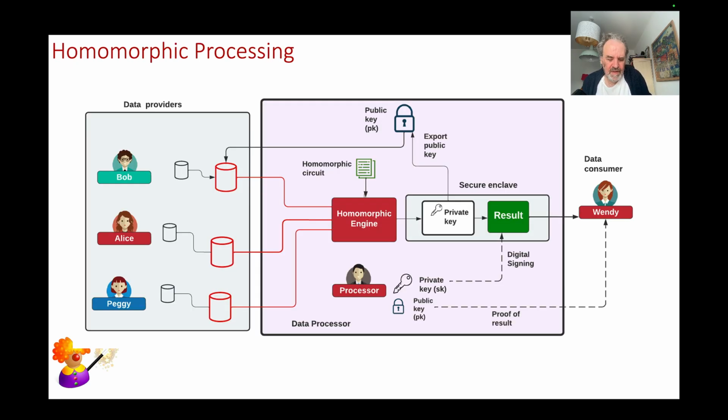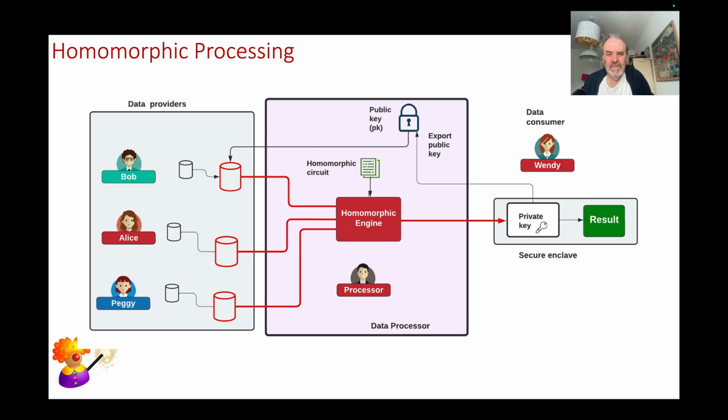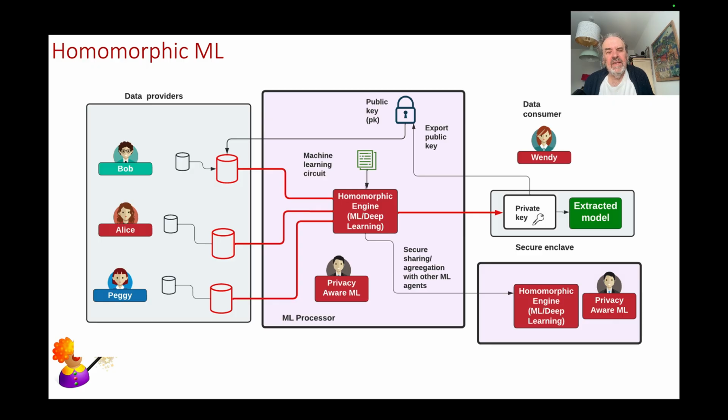Okay, so here's our homomorphic encryption here. We're using the public key to encrypt, and then the private key is then used to decrypt the result. We can also have the value sent off-site into a secure enclave, where the private key is only stored in the enclave. And the exciting thing is that we can also have deep learning and machine learning processing, where the encrypted values can go into the machine learning method, and then our output is given, which can then be decrypted with the associated private key.